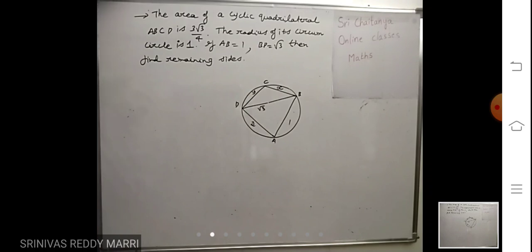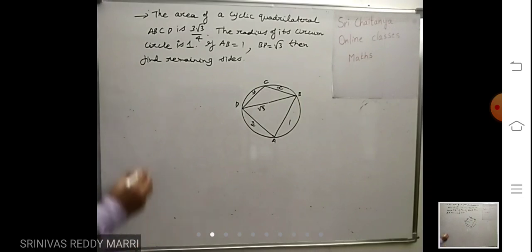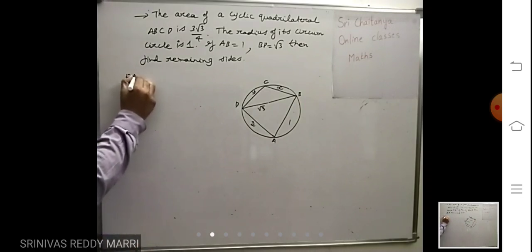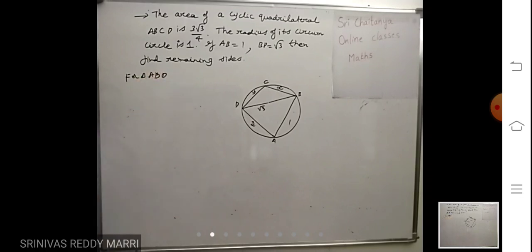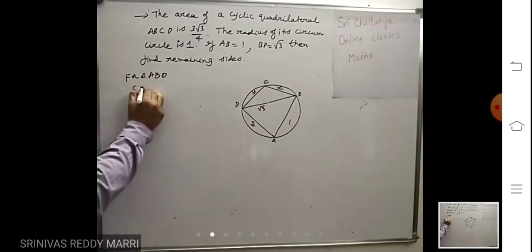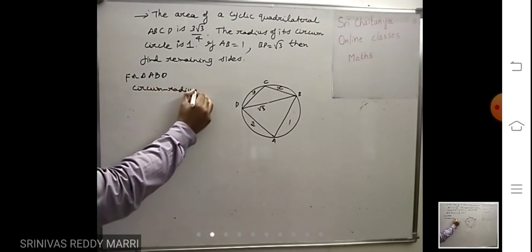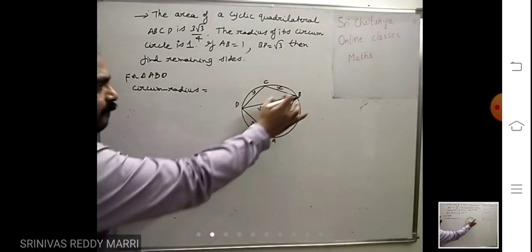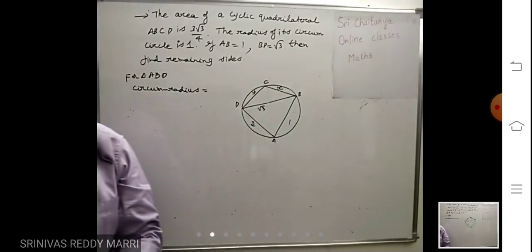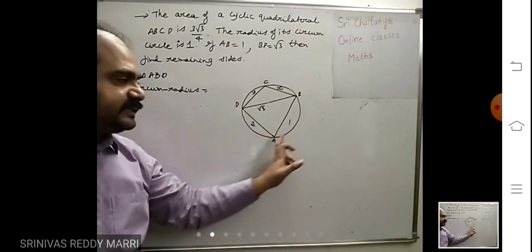For that, look here, for triangle ABD, what is the circumradius? It is the radius of the circle which passes through the vertices.